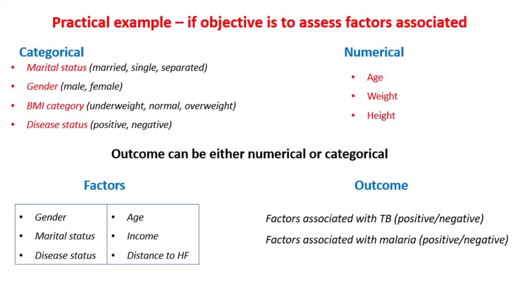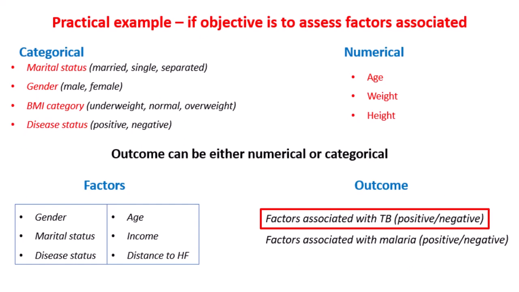When they are looking at factors associated with that outcome, the outcome can either be numeric, for example, viral load, weight gain in kilograms, or maybe performance of students. Sometimes the outcome is categorical, such as someone looking at factors associated with TB, and TB status is measured as either positive or negative.